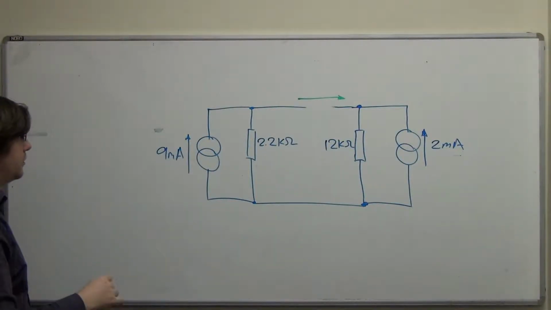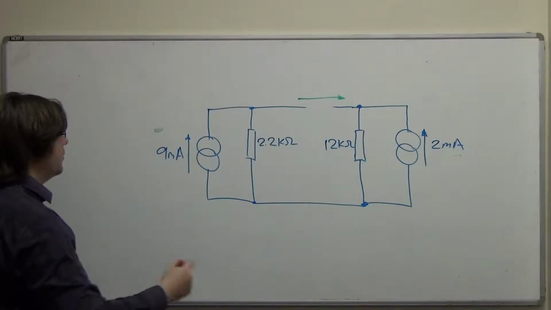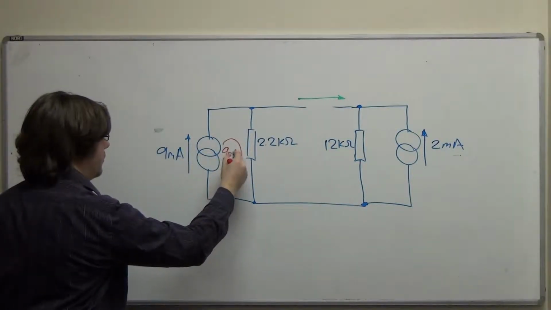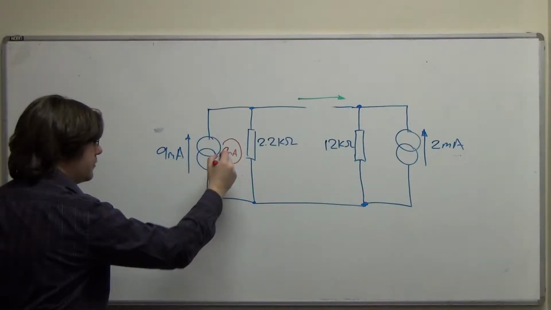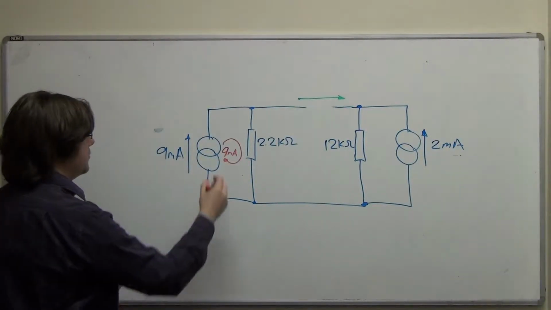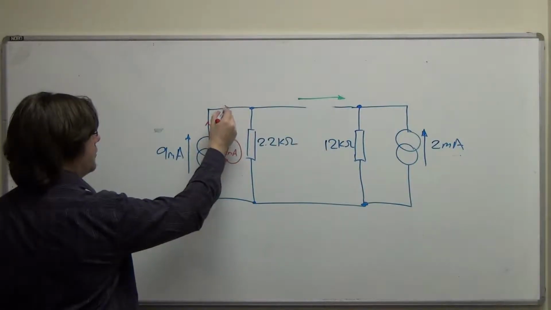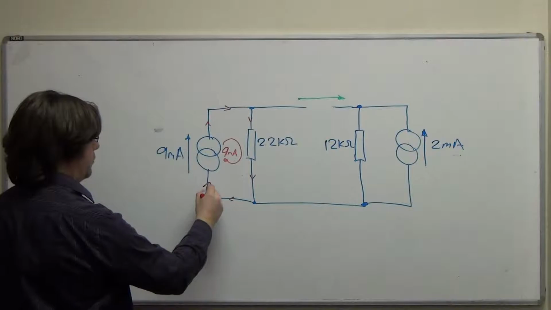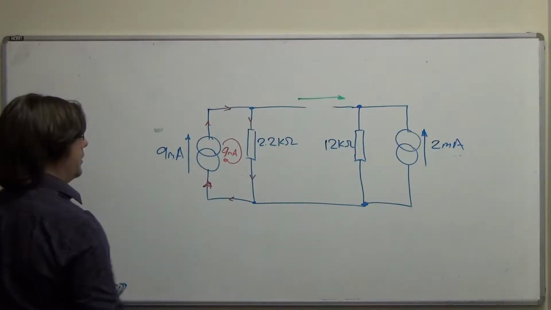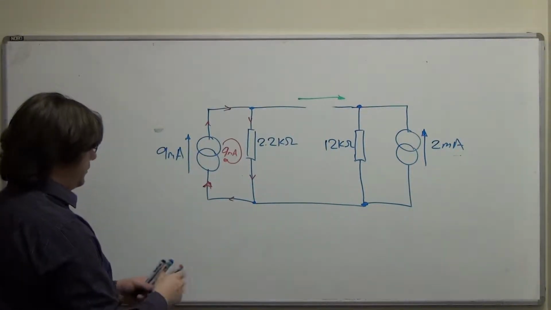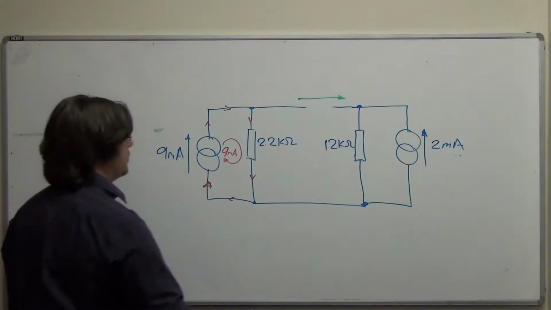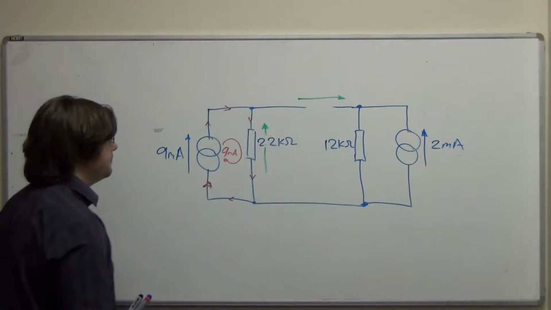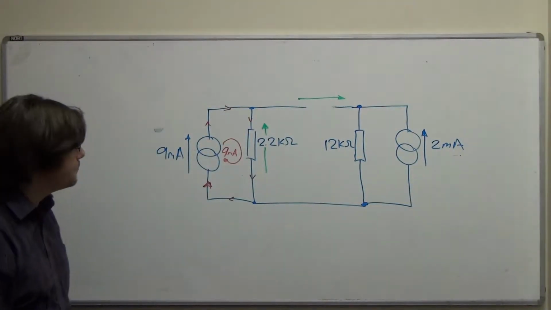We can say, well, looking at the 9 milliamp current source, I've got some current going around like that, and that must be 9 milliamps. Nowhere else for the current to go. So that means that there's a current in there which is 9 milliamps, and in there, and in there, and they're all 9 milliamps. So I've got 9 milliamps flowing through 2.2 kiloohms, and the voltage I'm going to get is going to be in that direction because it's opposing the current.